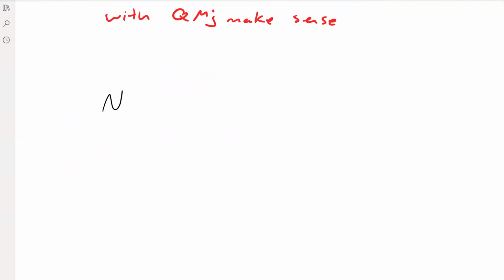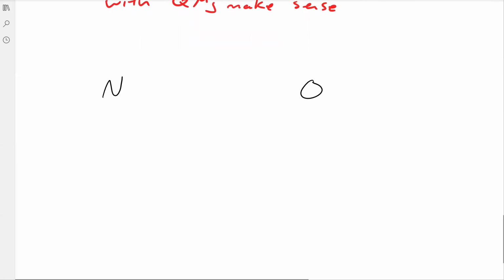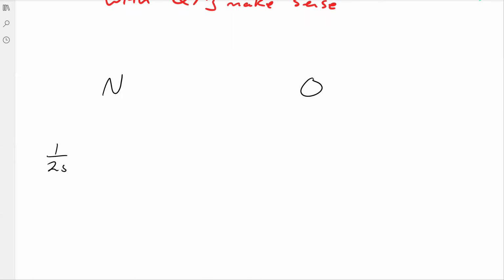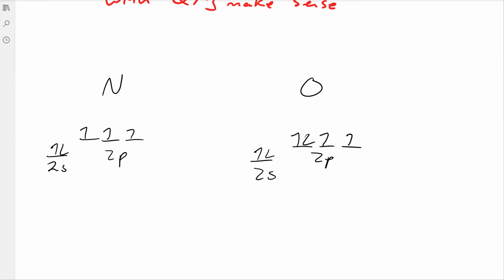So if we think about what's going on with nitrogen versus oxygen, in nitrogen, we have that 2s orbital, and it's got a pair of electrons. And then in our 2p orbital, all of these electrons are by themselves. Whereas in oxygen, we have the 2s orbital with its 2 electrons. And then the 2p orbital has 1, 2, 3, 4 electrons.